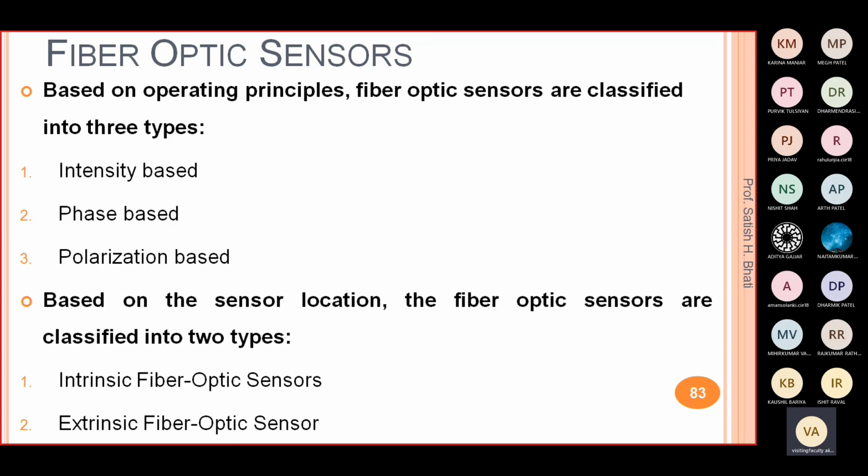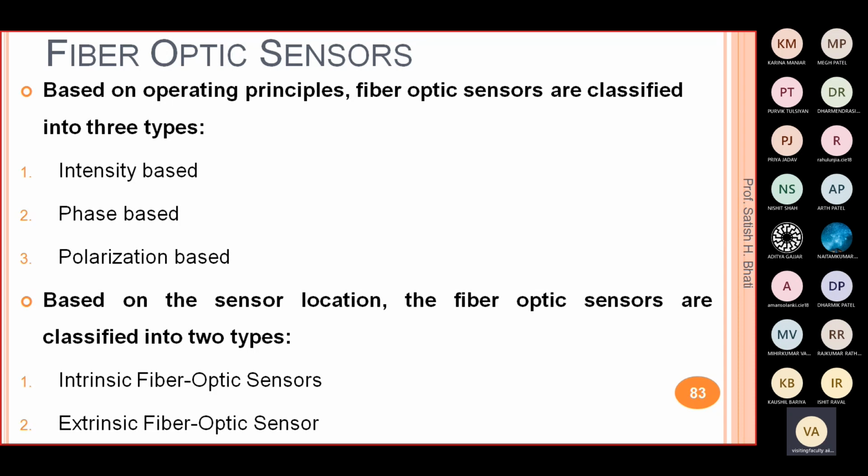Based on the operating principle, we can classify the fiber optic sensor into three types. One is intensity based, second is phase based, and the third one is polarization based. So intensity, phase, and polarization, these three are the parameters of light.